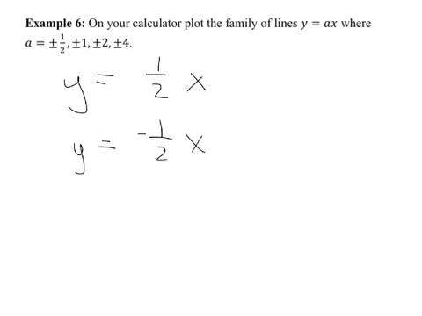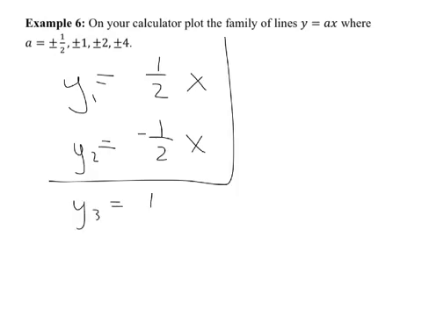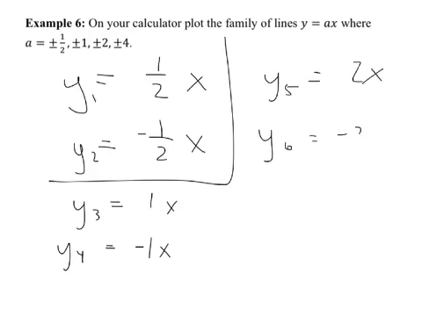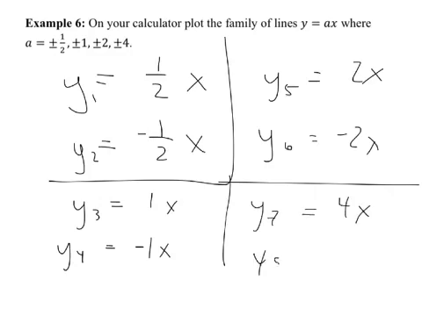Then in y3, graph y equals 1x and negative 1x in y4. In y5, graph 2x. In y6, graph negative 2x. In y7, graph 4x. In y8, graph negative 4x.